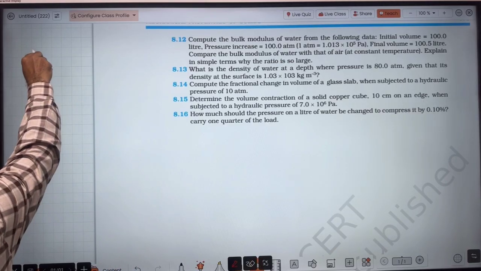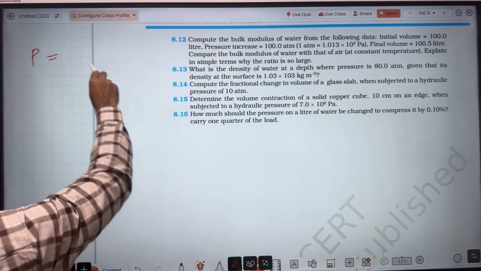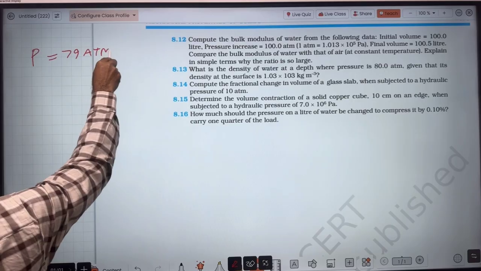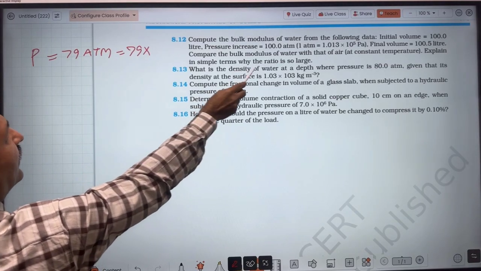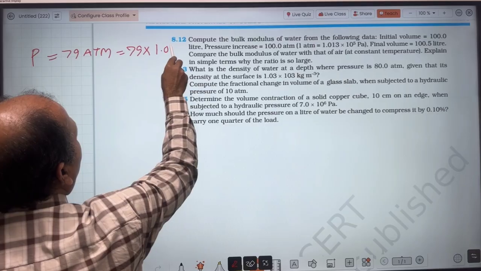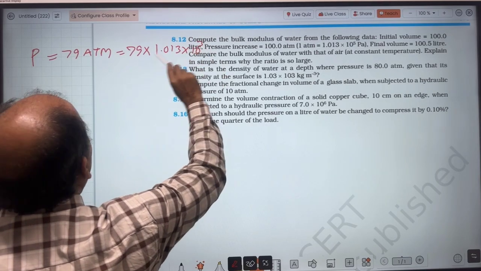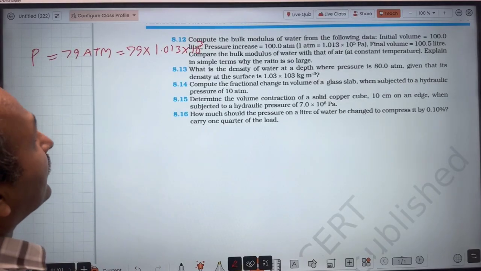So pressure difference, let's write it, pressure difference as P, and then it is 79 atm as I have shown you. So 79 into value of 1 atm, that is 1.013 into 10 to the power 3, and this is Pascal, right?